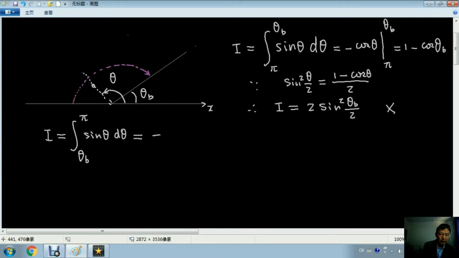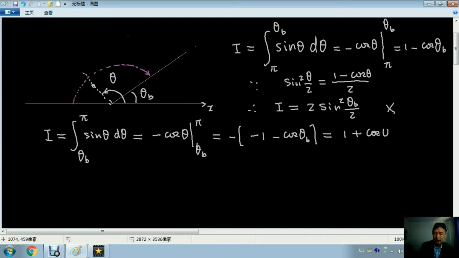That will equal negative cosine theta from theta b to pi, so that will give us negative cosine pi, which is negative 1, minus the minus cosine theta b. Can you see the subtle difference? The result will be 1 plus cosine theta b.